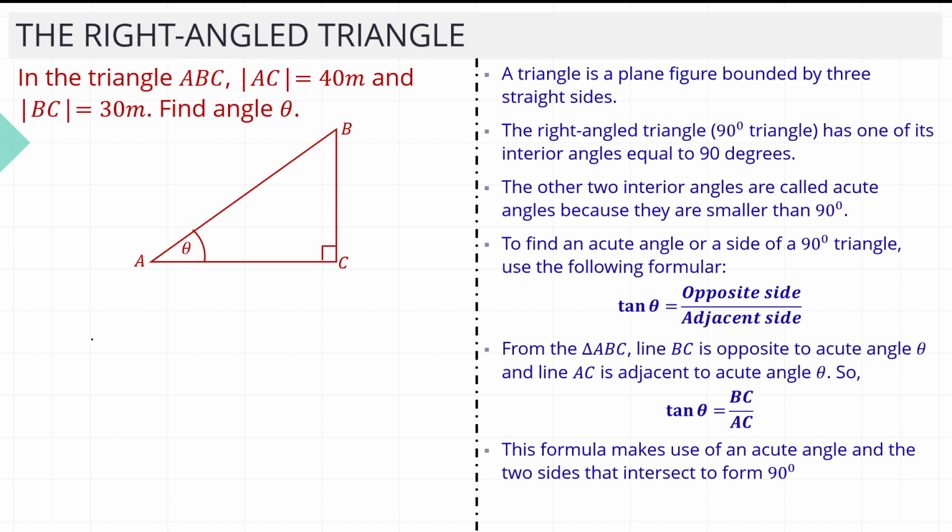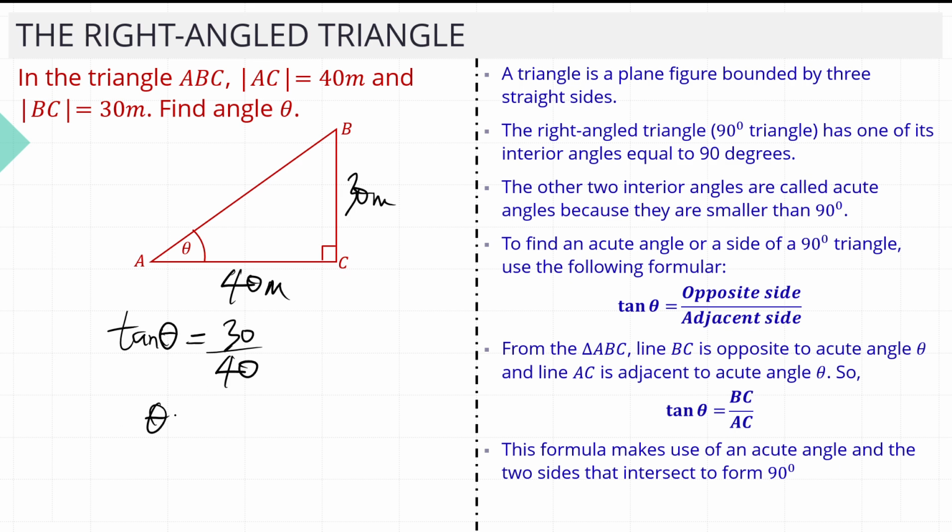It says that the side AC of the triangle is 40 meters and the side BC equals 30 meters. We should find the angle theta. From definition, tan theta equals the opposite side 30 divided by the adjacent side 40.